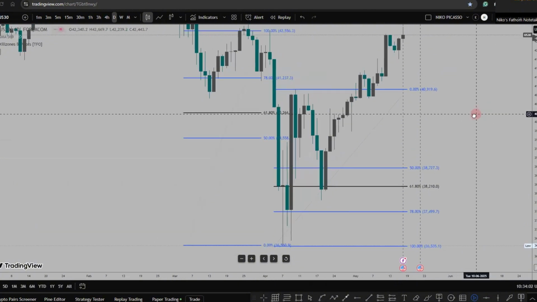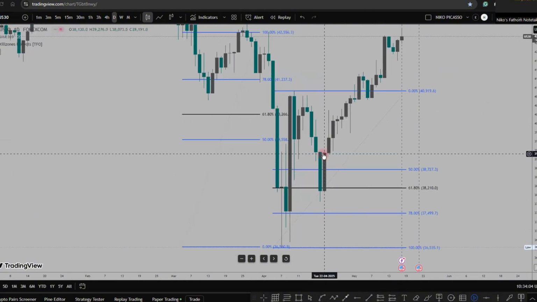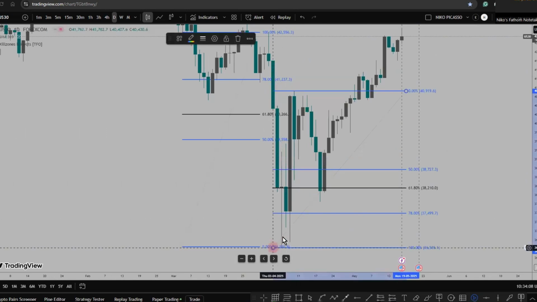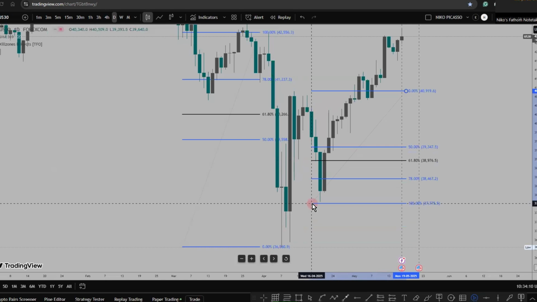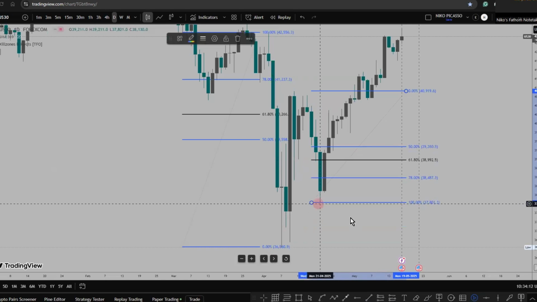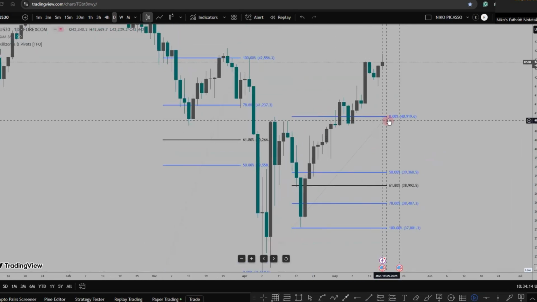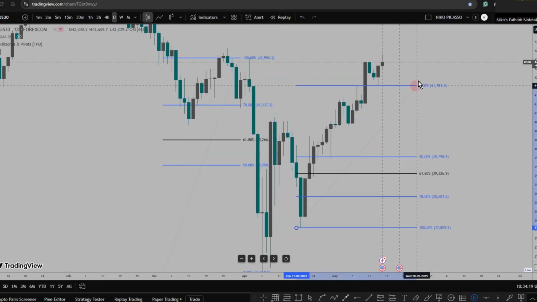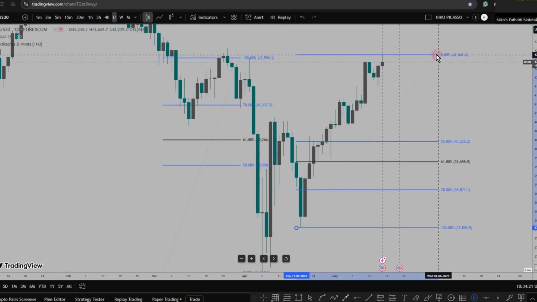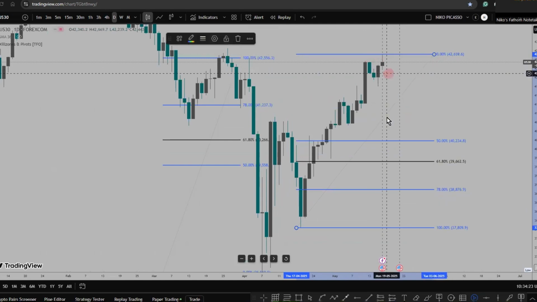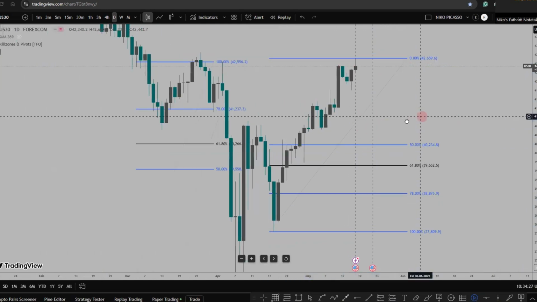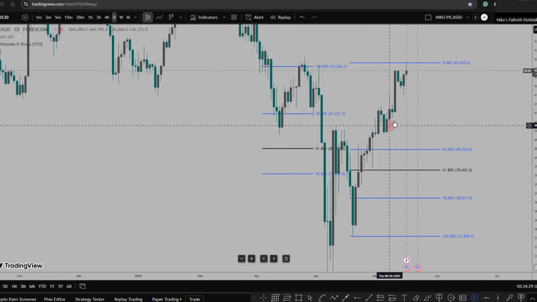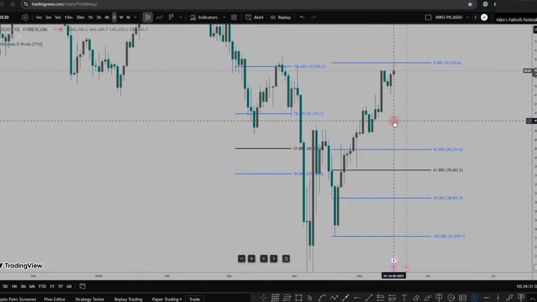So we're going to get out here of the sell trade, and then I'll have to adjust here because I have no buy entry as of now. I will need to just extend like so, and then I just have to wait for the market to pull back to 50 to get my next higher low, and that's it. We'll see how it plays out.